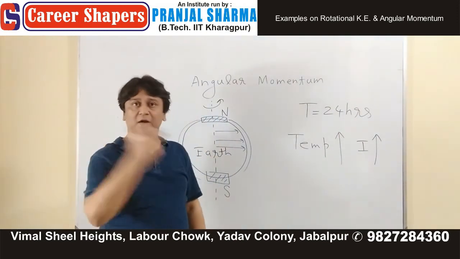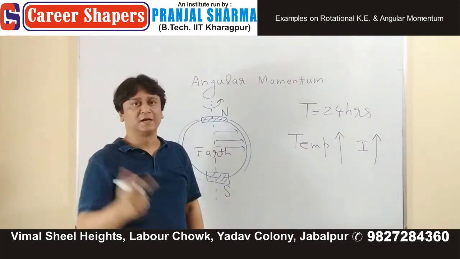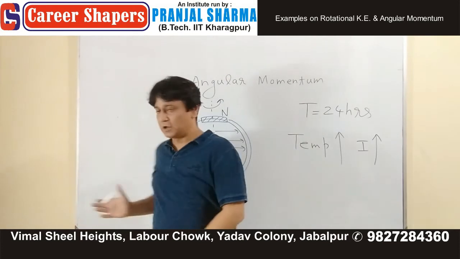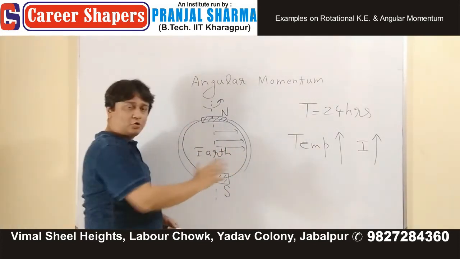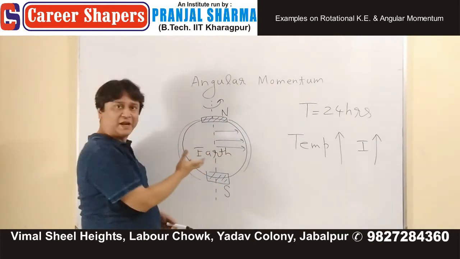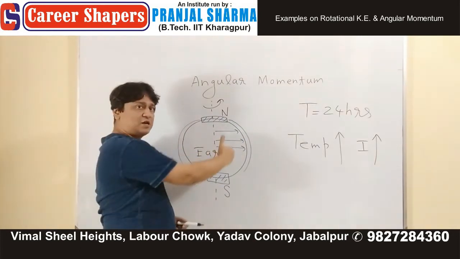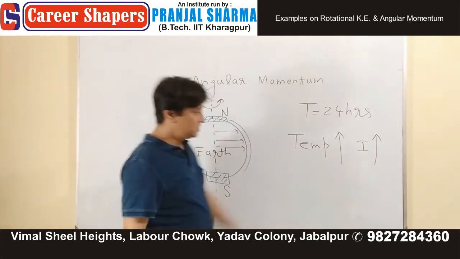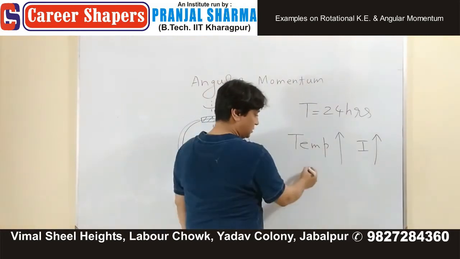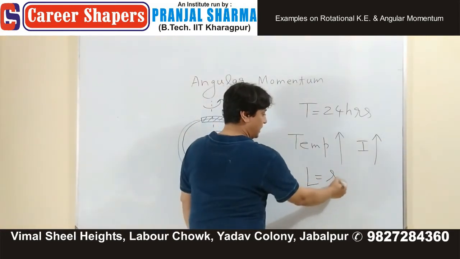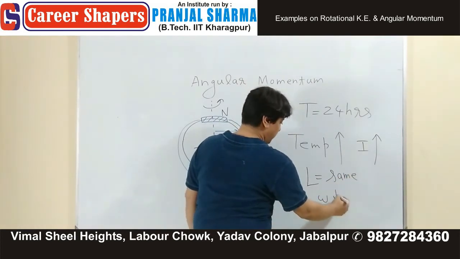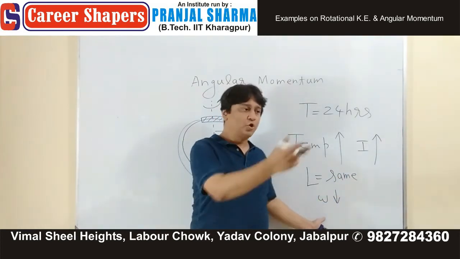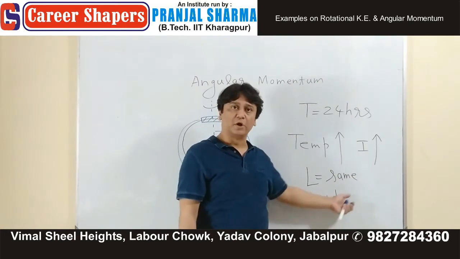The entire thing is an internal thing. There is no external torque involved. Nobody is going to change the angular velocity by using external torque. So since I is increasing, to conserve L, your omega will decrease.